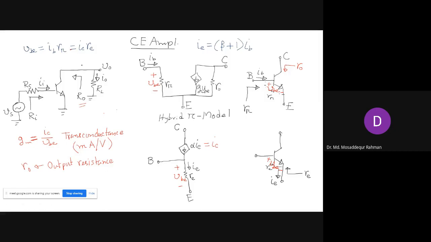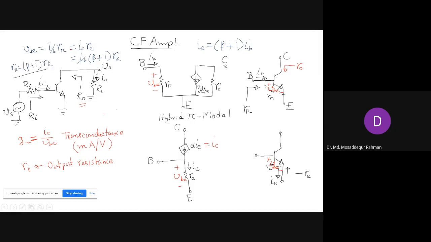If we use this relation and substitute for IE here, then we have IB times beta plus 1 RE. Now this IB here and IB here will cancel out, and we'll be left with R pi equal to beta plus 1 RE.